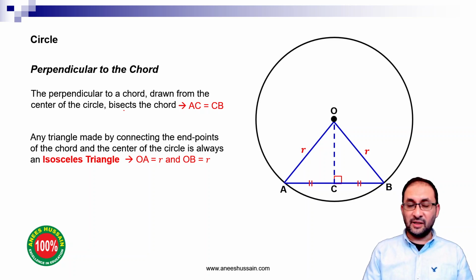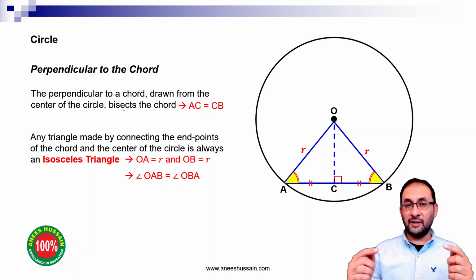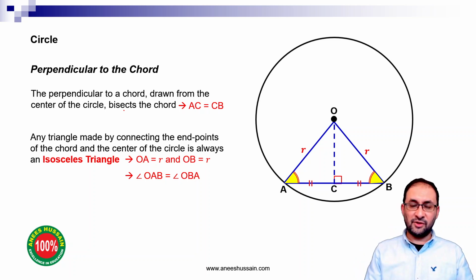And because this is an isosceles triangle, the angles OAB and OBA will be equal in measure. So remember, anytime you draw a triangle such that one of the sides is a chord of the circle and the other two sides are the radius connected from the endpoints of the chord onto the center, this will always create an isosceles triangle inside the circle.